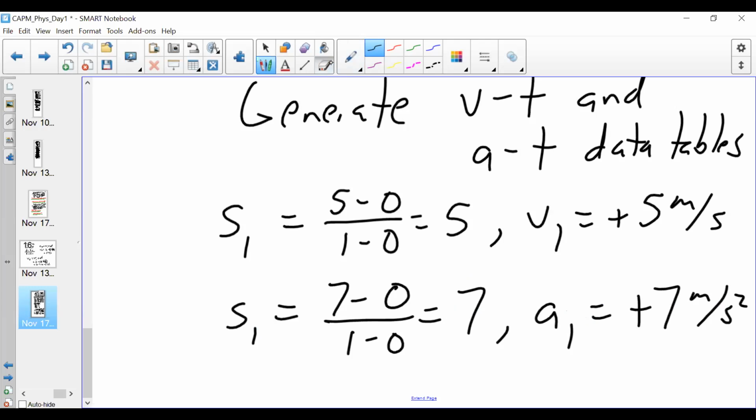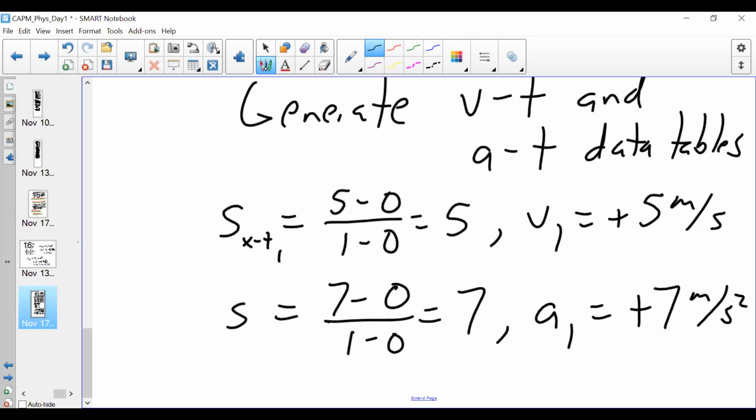So I'm going to be even more specific with that. The slope of my first XT data points gives me my first velocity. And then you don't have to write this, but this is just another way of grouping and ordering the information so you know exactly what you're looking at.